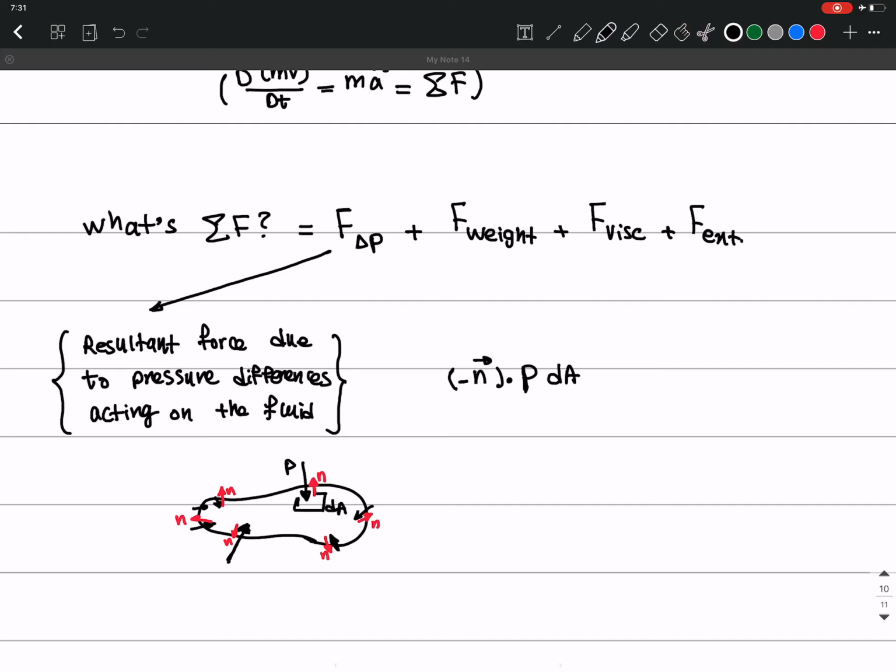Okay, and in order to get the resultant force due to all these pressure differences acting on this control volume, you need to take the integral over the surface of this control volume. We need to sum all these small forces. So this is going to be the integral over the surface of these small elements.